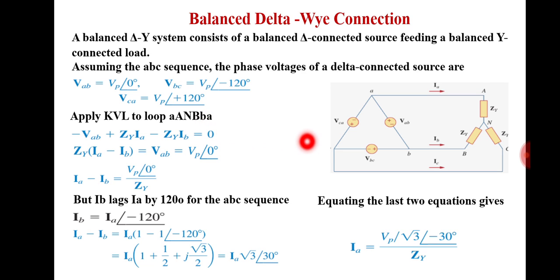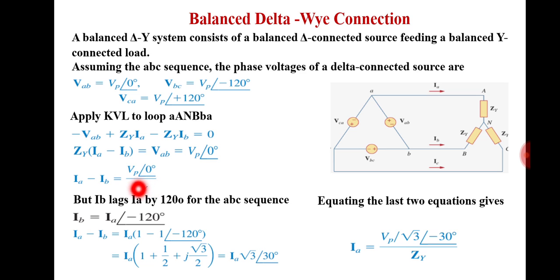Now applying KVL in closed loop, minus VAB plus ZY IA minus ZY IB is equal to 0. Now common ZY, and in bracket IA minus IB is equal to VAB. That means VAB is equal to VP with angle 0 degree.